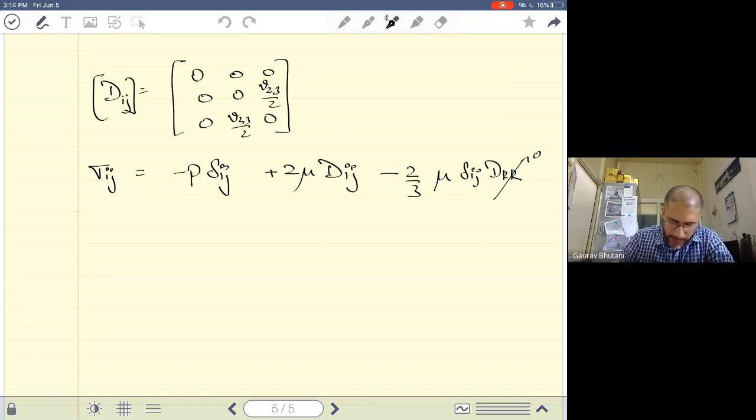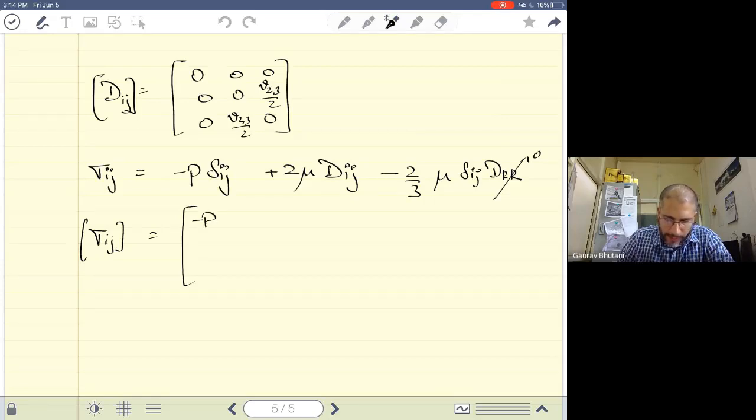So let's write the sigma tensor. So sigma 11 is simply minus p because D11 is 0. So then the rest is all 0, and sigma 22 is again minus p.